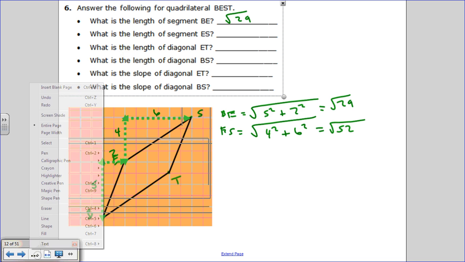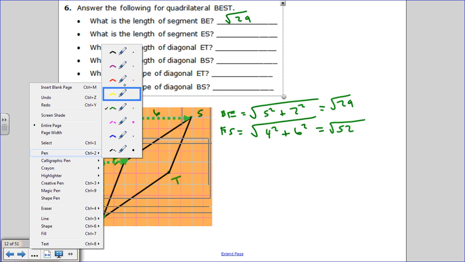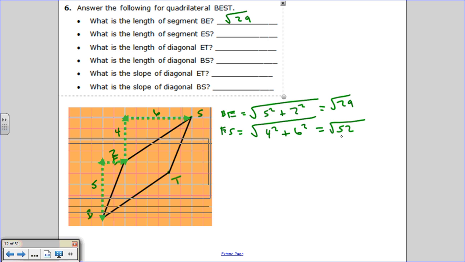And then let's see if we can simplify. I know 2 times 26 is 52, and 2 times 13 is 26. So you can break it into 2 root 13.